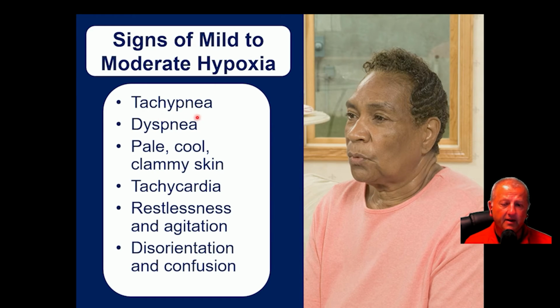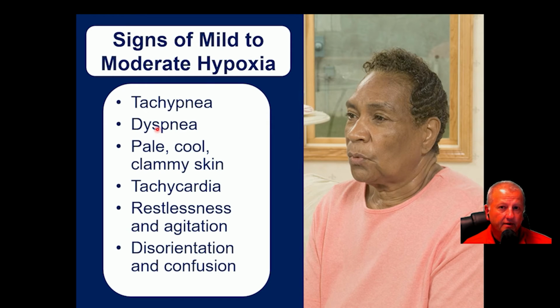Tachypnea, the respiratory rate is fast. Dyspnea, that's a medical word for trouble breathing. Pale and cool. Well, why? I understand fast breathing and difficulty breathing, but how come they're pale and cool? Remember, there is a gas exchange that needs to take place so that the internal cells get fed.